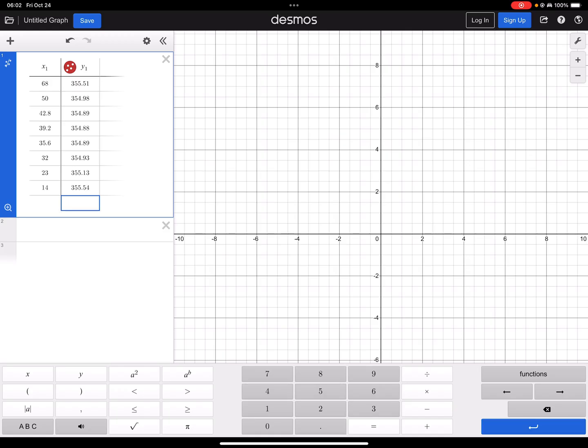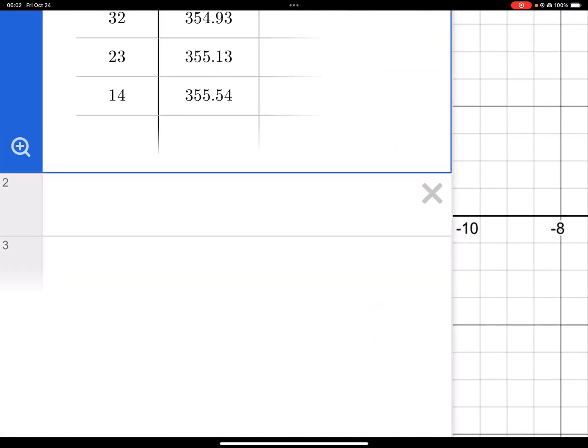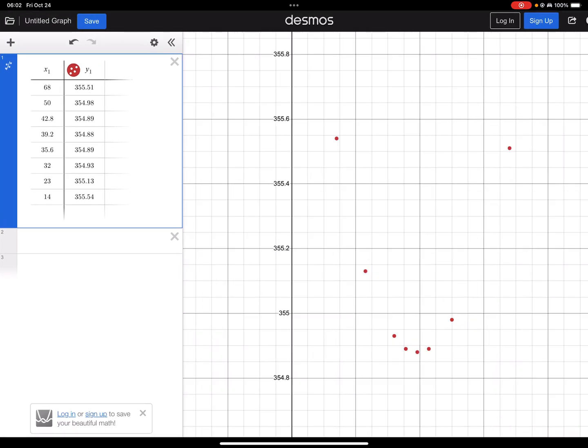Okay, so once all your data points are entered, double check to make sure you typed them in correctly. Now, over here off to the side, notice that you have this little magnifying glass. It says zoom fit. What that will do is it will automatically fit the graph to your data points. So I'm going to click that, and notice we can see our graph.